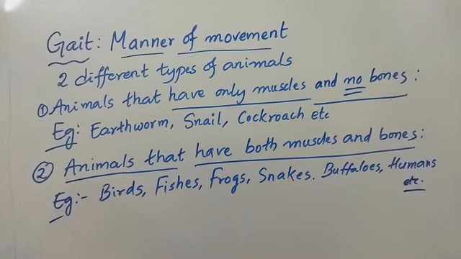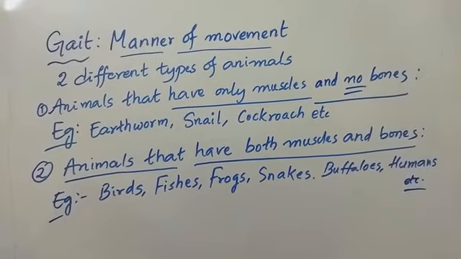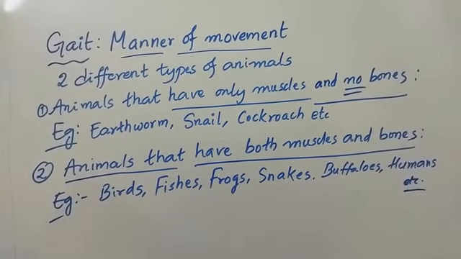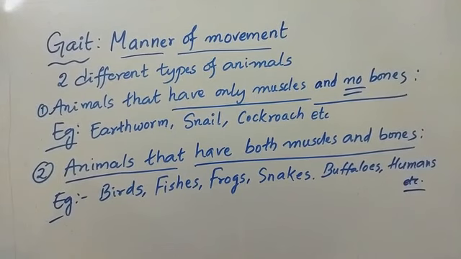If an animal has only muscles, then muscles alone make the animal move by their contraction and relaxation. Either way, contraction and relaxation of muscles is compulsory for making movement.